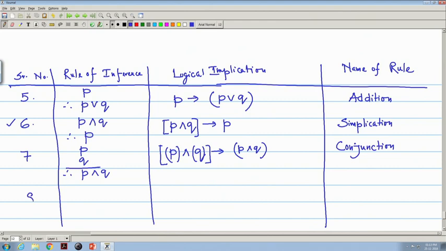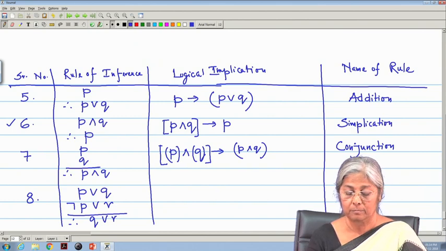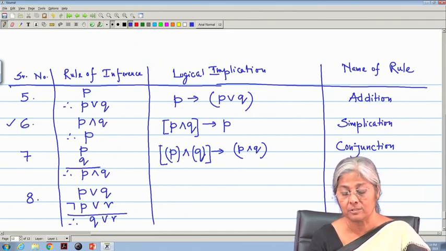This rule is very important. This is called the resolution, used to simplify compound propositions. It has a disjunction of P or Q and negation P or R, and it gives the result Q or R. So, I take the primitive statement P in disjunction with another primitive statement Q, and negation P in disjunction with another primitive statement R, then the other two, Q and R, are related with the logical connective, the disjunction.